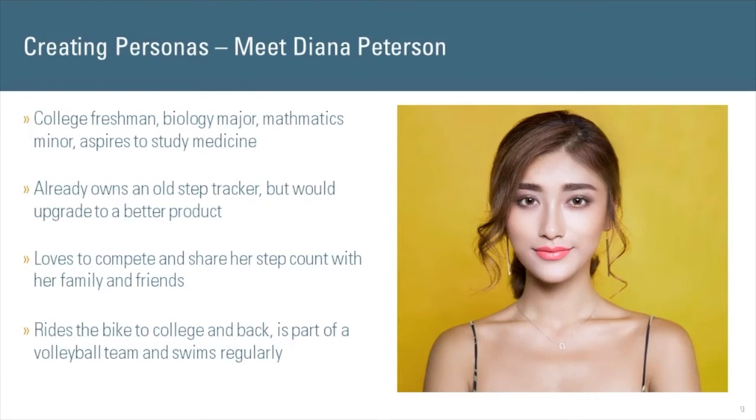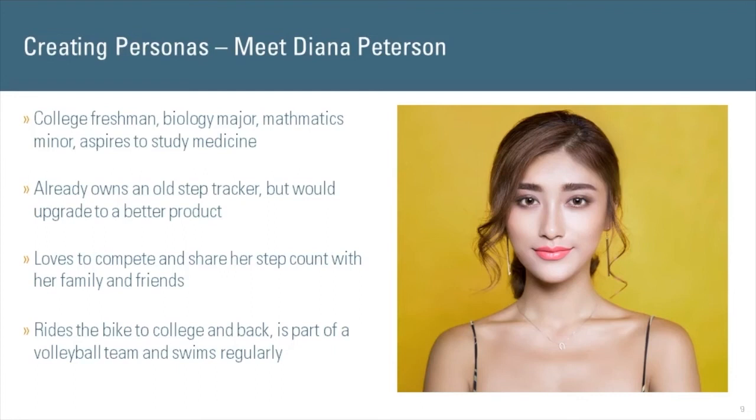So yeah, Diana is a college freshman, studies biology and mathematics, and aspires to study medicine in the future at a university. This would be like a socio-economic status and her goal in life. For now, she aspires to study medicine, but her goals in different contexts are obviously different.